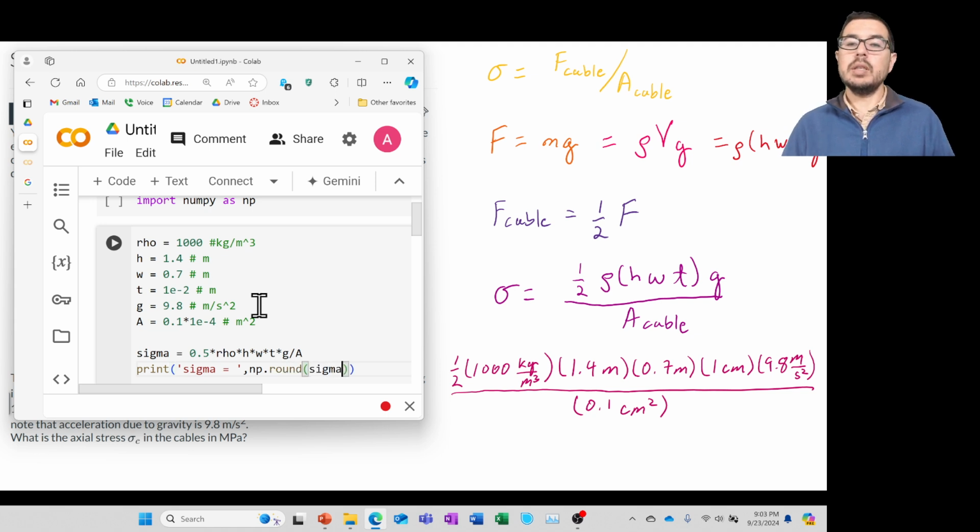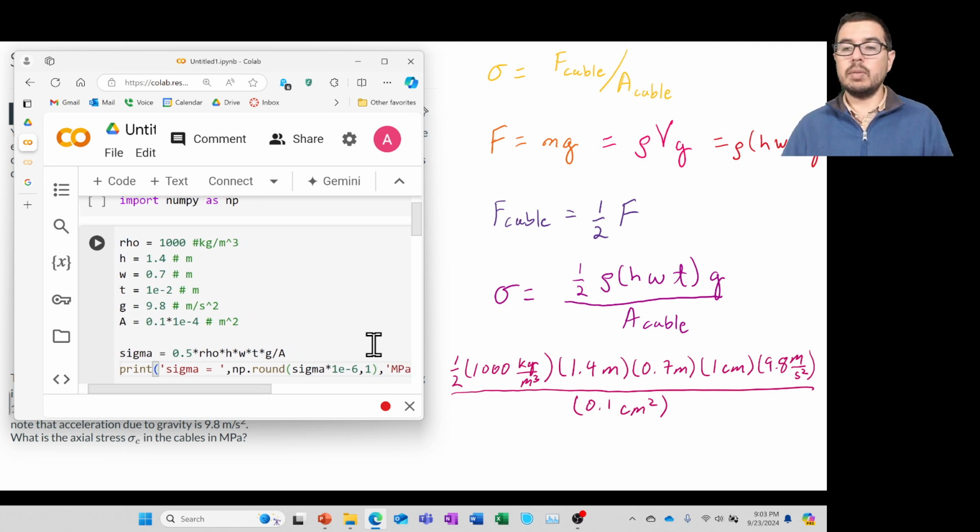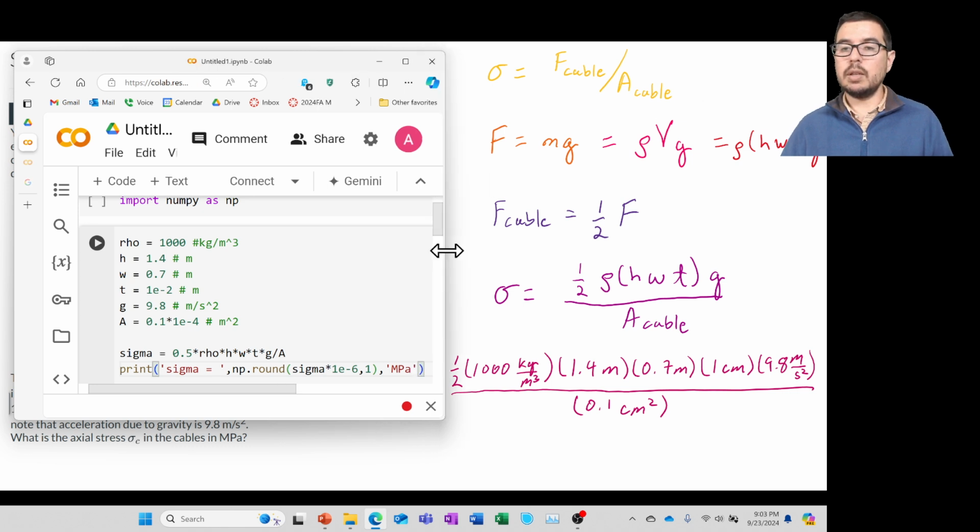The answer they want is in terms of megapascals. This would have given us the answer in pascals, so for megapascals we multiply by 10 to the minus 6. We'll go to 1 decimal place, and then we'll write out that it's in megapascals, like we see there. And hold on, we're missing a little bit. Yep, just like that. Okay, and we can hit Control Enter.